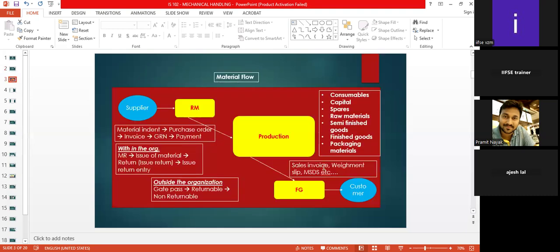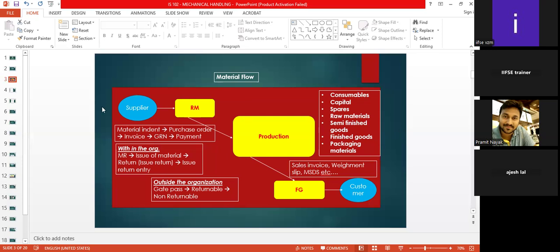In between, we talked about the flow of materials, how it starts from the supplier to the customer, what the various documents involved are, and we also saw a simple SAP material flow.